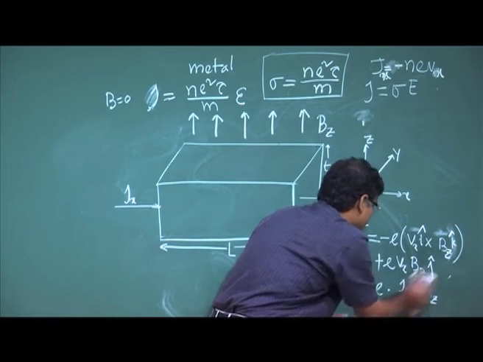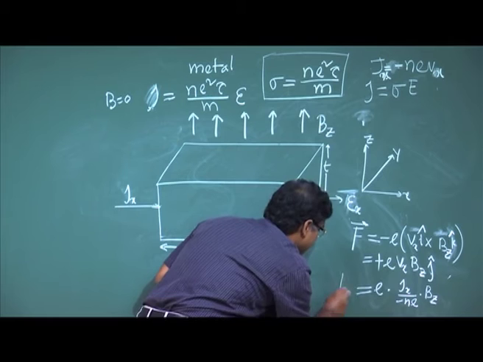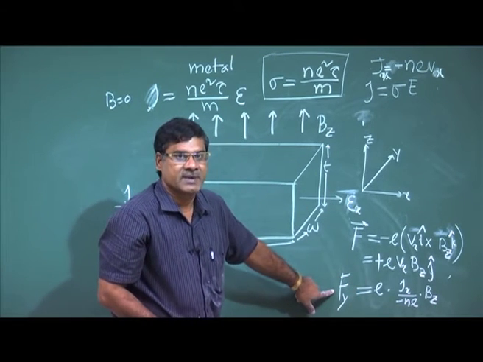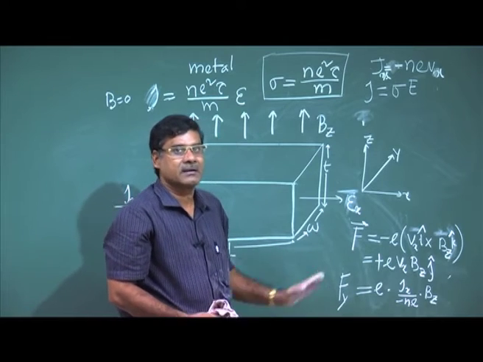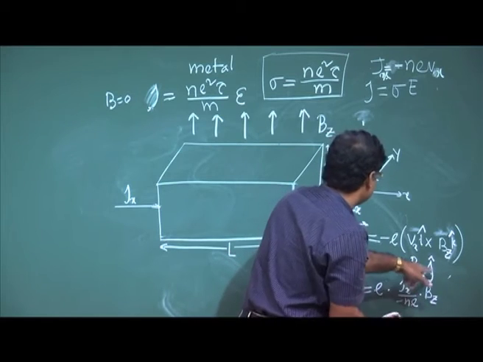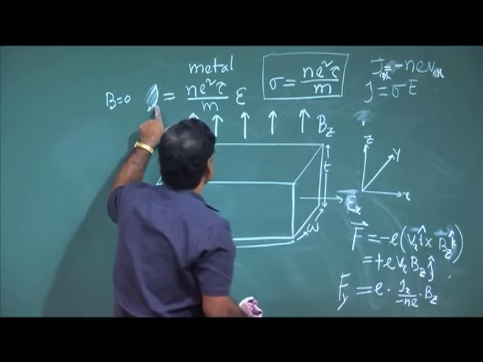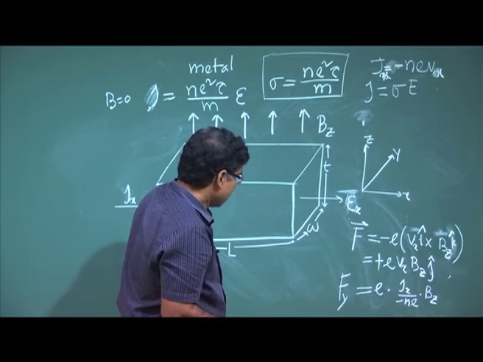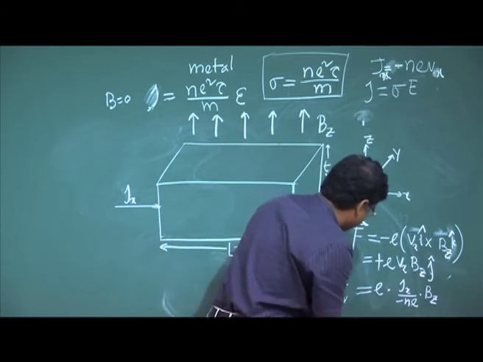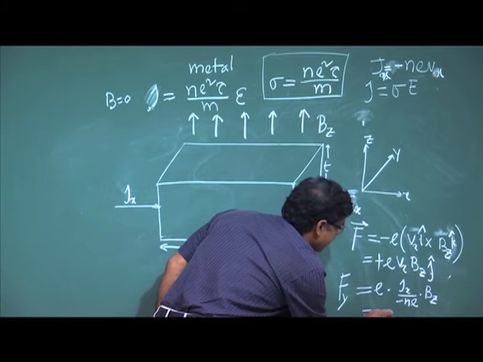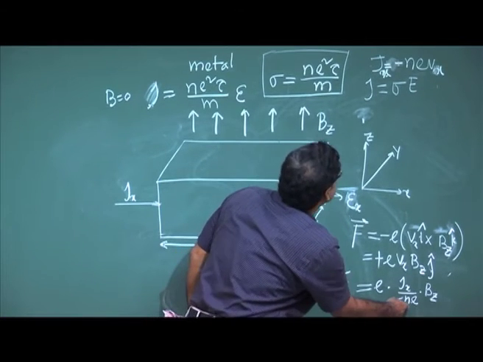So, I can remove this one and write here F_y. It means the Lorentz force is acting along the y direction. That is why this J should not be confused with the current density. Here you can see that you are getting a minus sign and then n e is there.